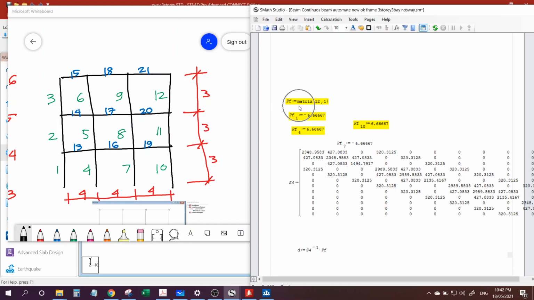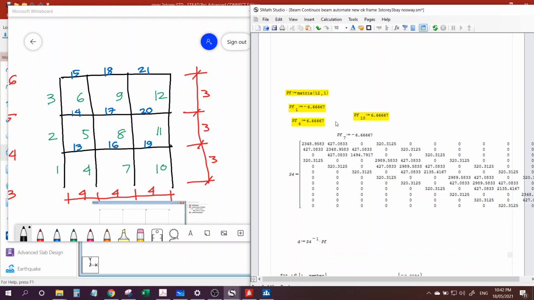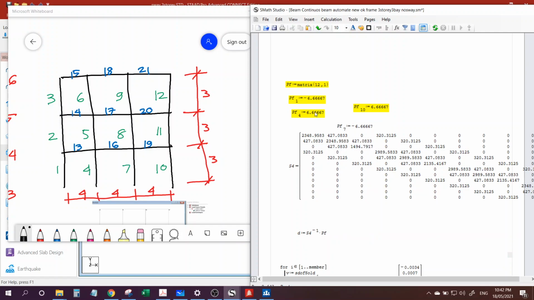So I need to prepare a null matrix of 12 by 1 first, and then I'll just have to insert a non-zero value of element inside the P matrix, which are the loads.